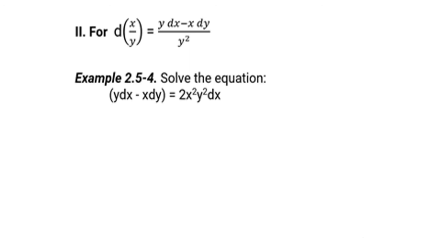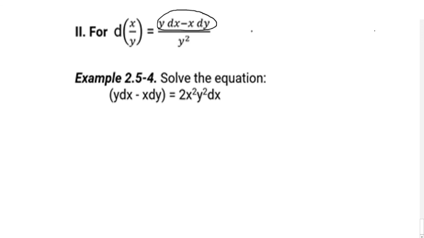That is the quotient formula. Specifically, the differential of x over y is equal to (y dx minus x dy) over y squared. You will use this integrating factor if you find this numerator in the equation, that is y dx minus x dy.